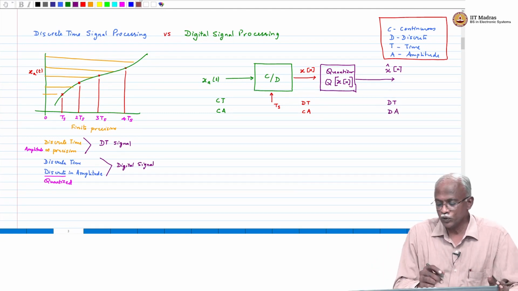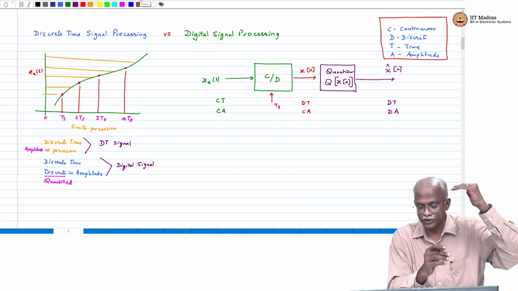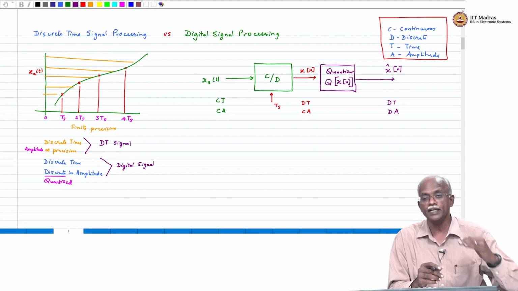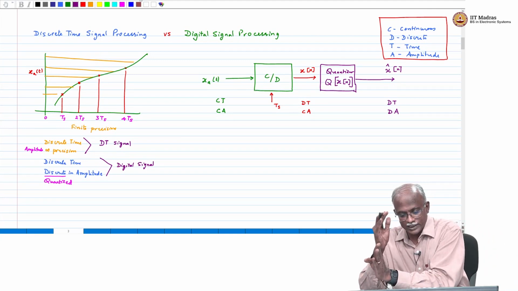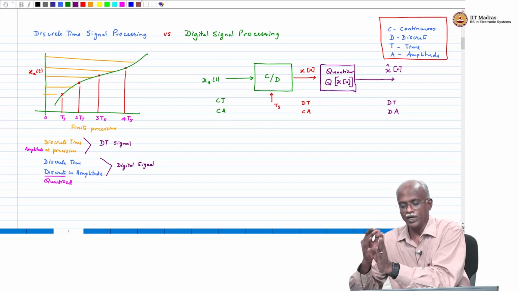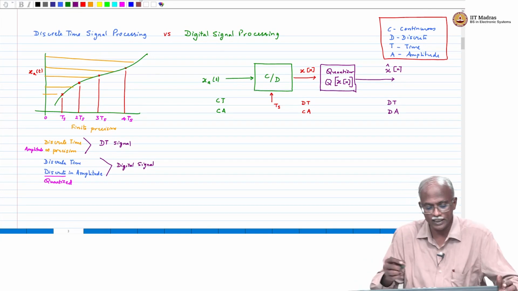I hope you are following. We went from the first step, a continuous time signal, which is continuous in time and in amplitude, to a signal x of n, which is discrete in time but continuous in amplitude, and then finally to a signal which is both discrete in time and discrete in amplitude.